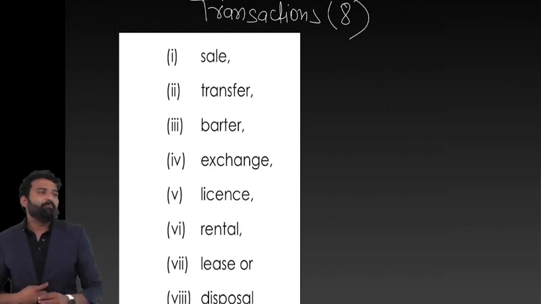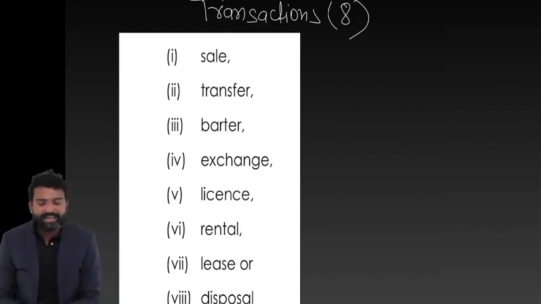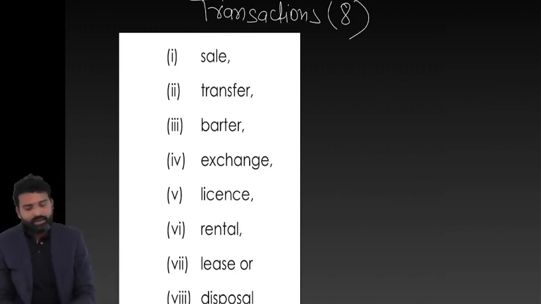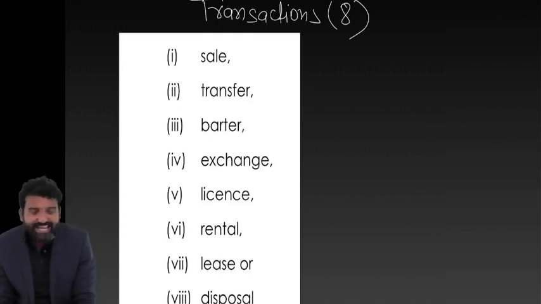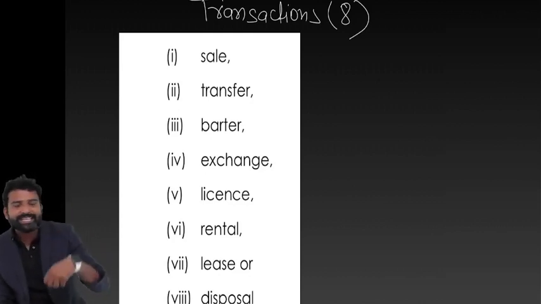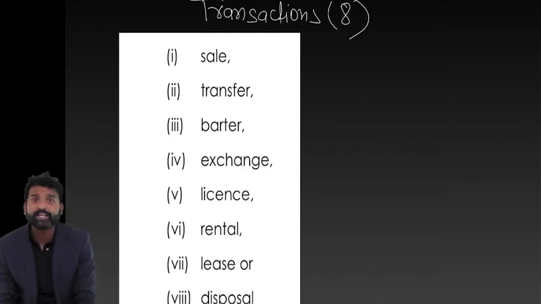Basically, majorly all the business transactions we have are actually covered here. If we are selling something, it is covered. If I am transferring my title, my ownership, or even my possession, it is also covered. Barter, exchange of something, I am getting something. Exchange, again I am exchanging something with some other commodity, or maybe half commodity, half money.